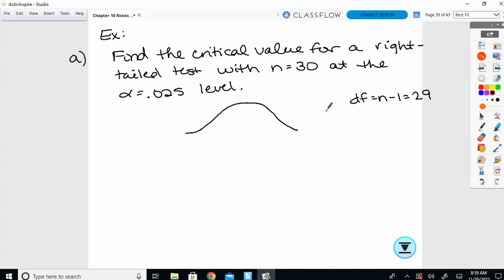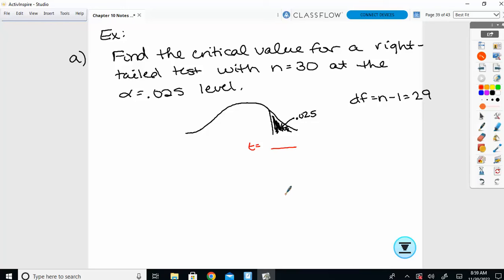Across the top, we have the probabilities. So that's my alpha, my 0.025. When I ask for the critical value, I'm asking what t is. We want a right-tailed test, so the area right here is 0.025. I want you to tell me what this t value has to be.